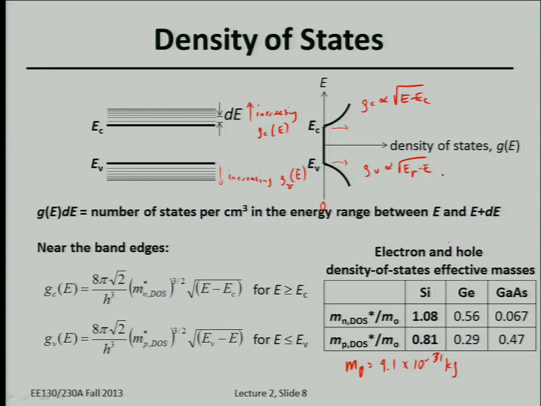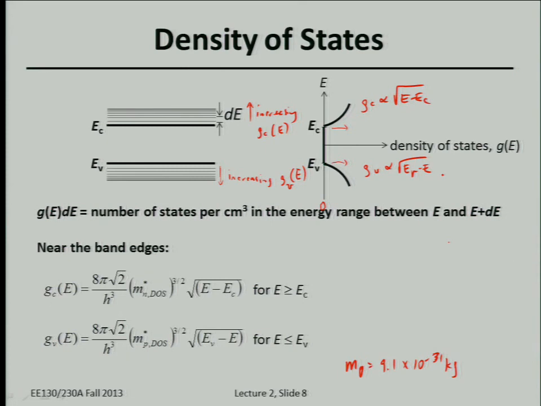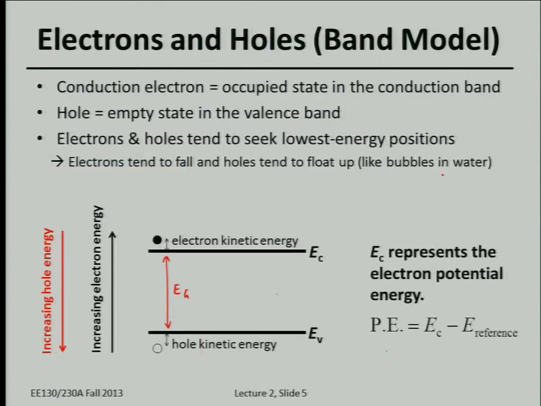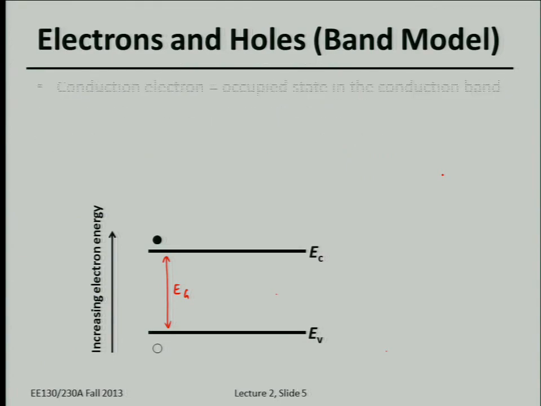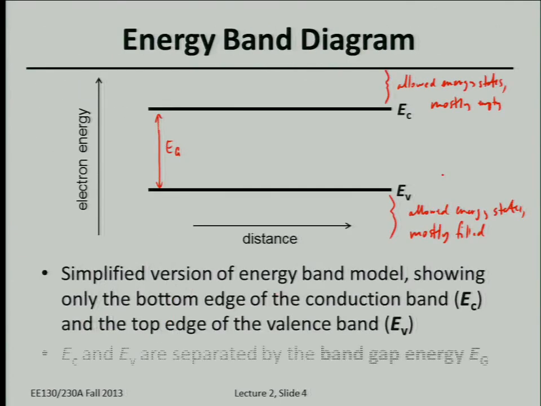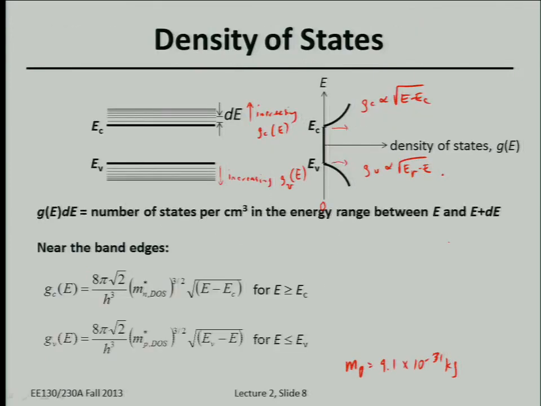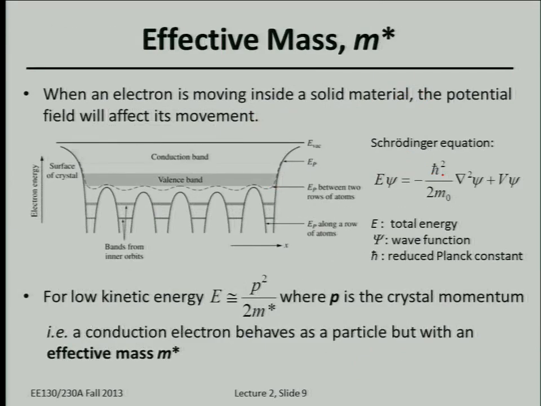So does the effective mass change as you go up higher in the conduction band or the valence band? And the answer is yes, because this is an approximation to begin with. Yeah, you're sort of lumping the impact of that electric potential into the effective mass term.